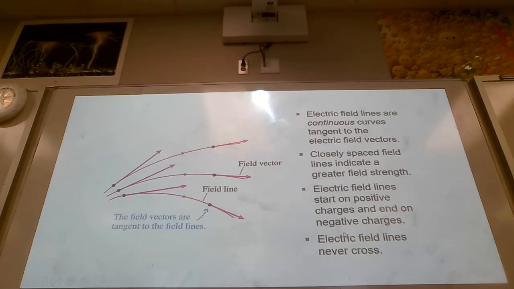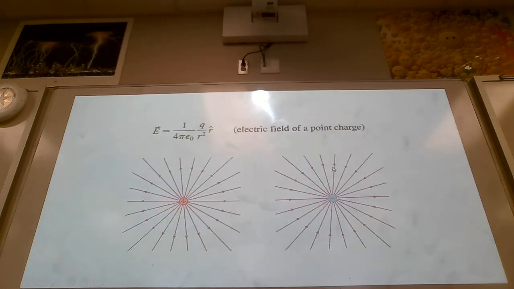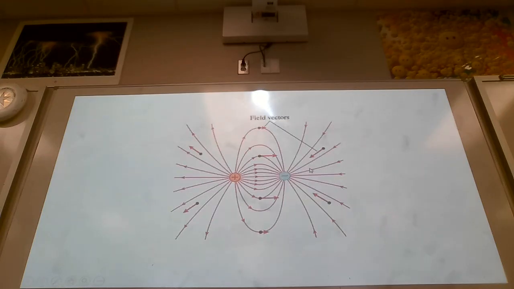So electric field lines never cross. They go out of positive into negative. Okay. So here, this is the equation for electric field of a point charge. What we already expressed. So you get outward, inward, dipole, molecule.